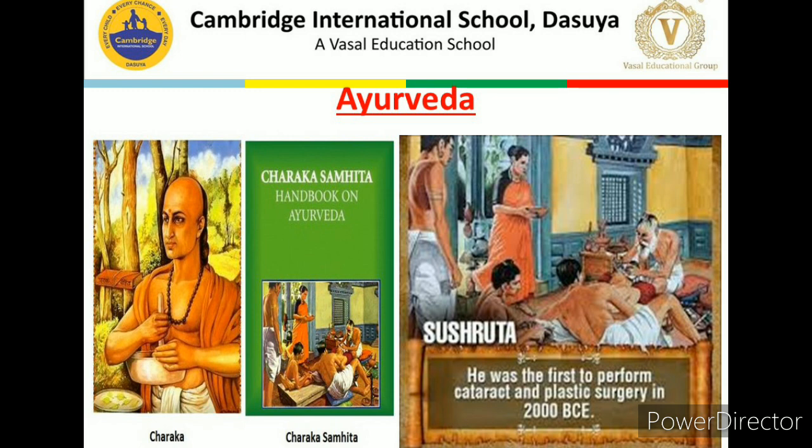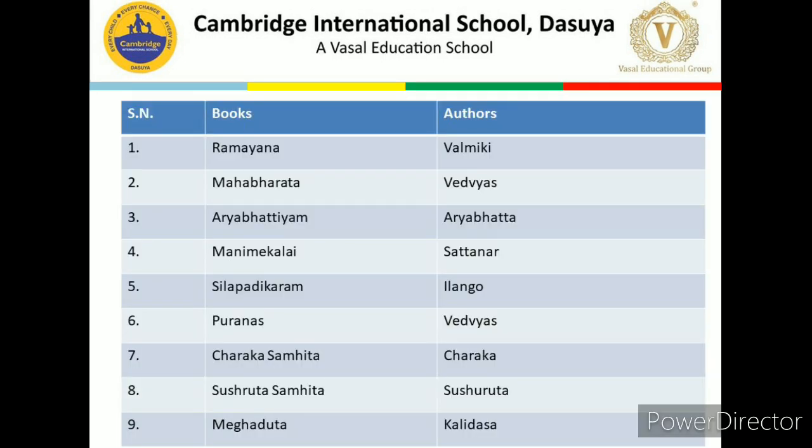Now we are going to discuss a few famous books and their authors. As you can see, the first book given here is the Ramayana. We know it very well. This is the story of Lord Rama's life, and he was the prince of Ayodhya.